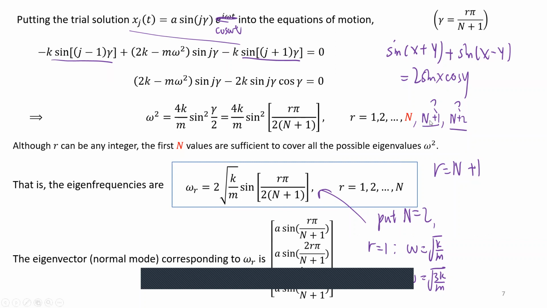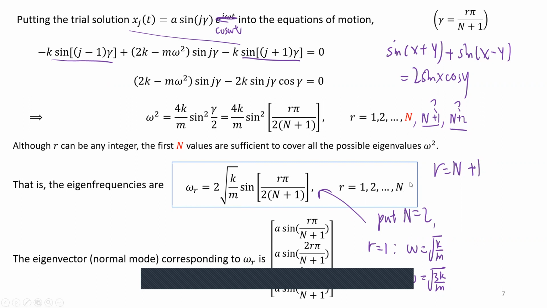For n plus 1, I think I mentioned it last time: if you put r equals n plus 1 into the formula for the eigenfrequencies, of course you will get a number that is actually different from the previous n cases.